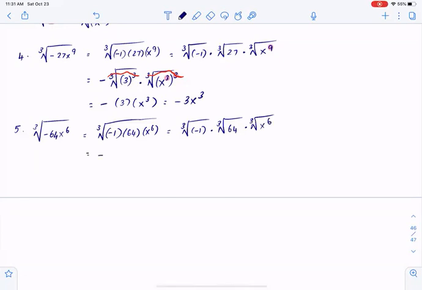Cube root of -1 is -1. Cube root of 64, I could write 64 as 4 raised to the power of 3. I need a perfect cube multiplied by x raised 6. I could write it as a power of 3.